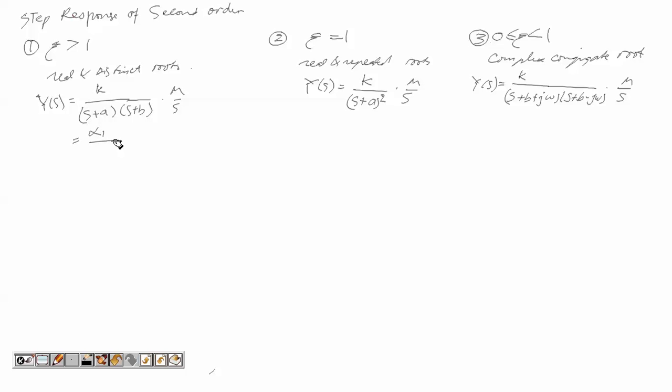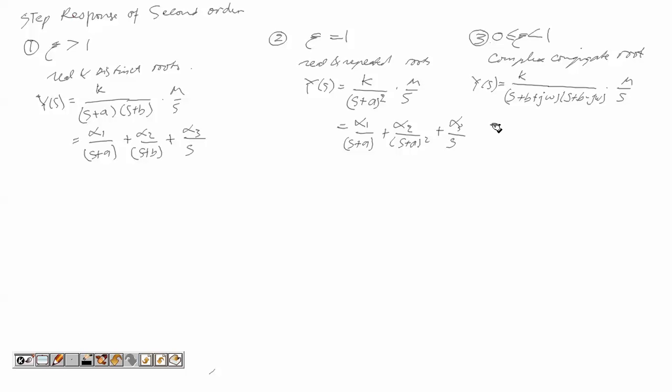Convert this form to alpha 1 over s plus a, alpha 2 over s plus b, plus alpha 3 over s. And for this case, you convert it to become alpha 1 over s plus a, plus alpha 2 over (s plus a) squared, plus alpha 3 over s.